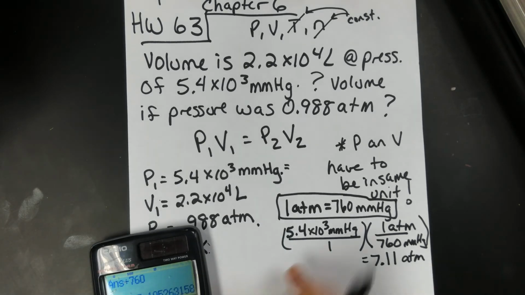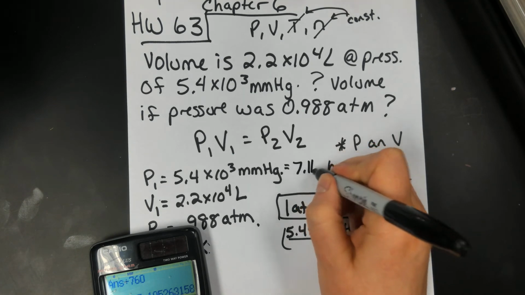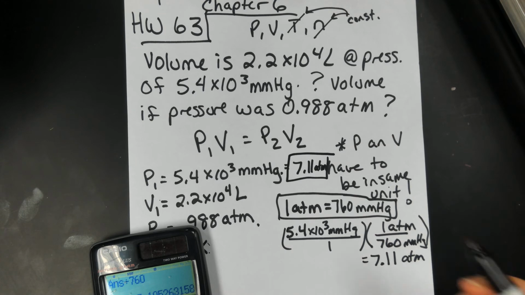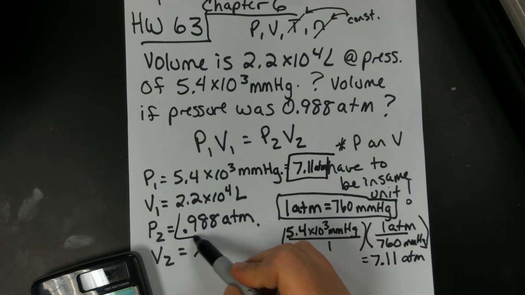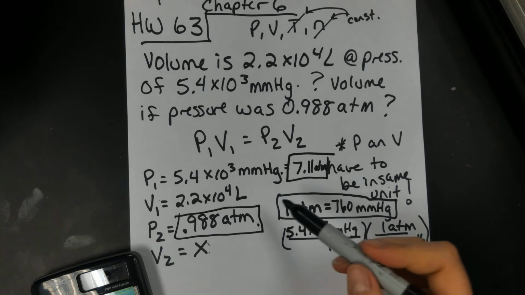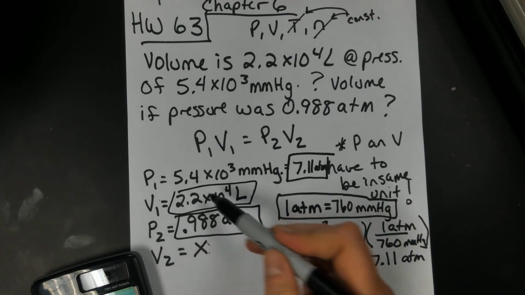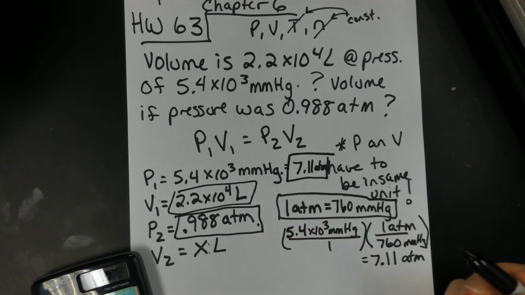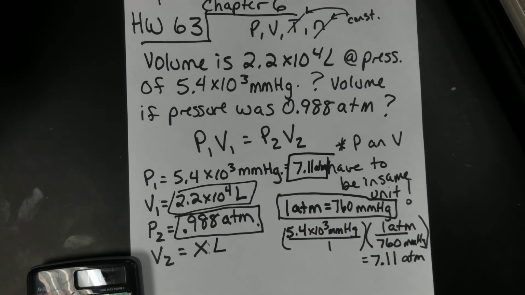So I'm going to write that up here, 7.11 ATM. And you know what? I'm going to box it in because I like that unit now, because it agrees with this unit. And liters, if this is in liters, what's my answer going to be in? It's going to be in liters, right? So let's go ahead and plug that in.